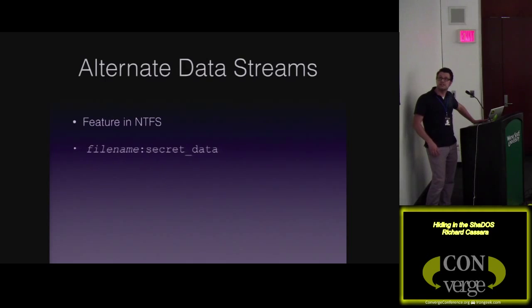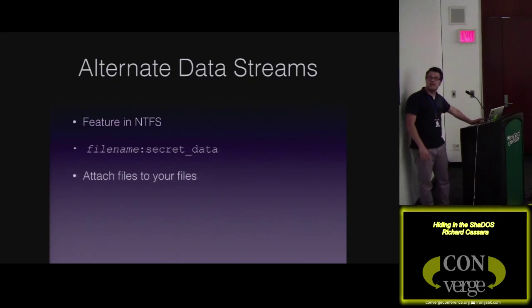This can be accessed from the command line: you take your file name, put a colon, and then if you know the name of the stream, put it after that, and you access that stream. So basically you can use this to attach files to your files.